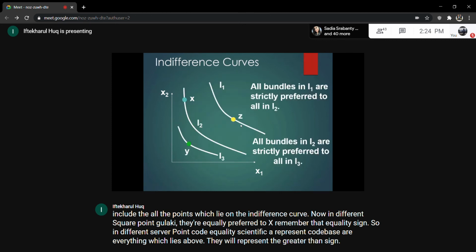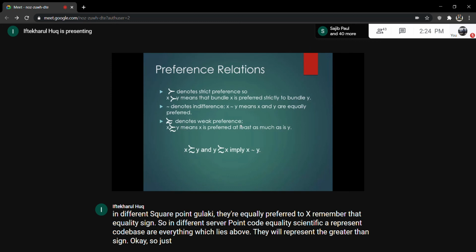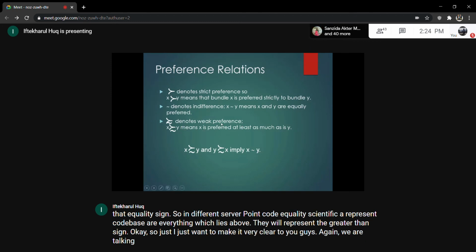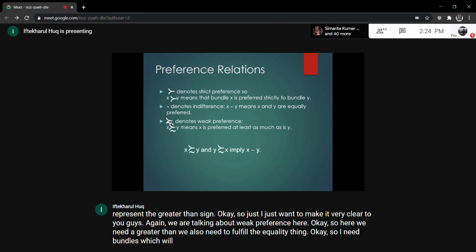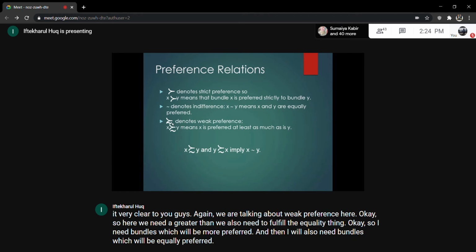Okay, so I just want to make it very clear to you guys. Again, we are talking about weak preference here. So here we need a greater than, we also need to fulfill the equality thing. I need bundles which will be more preferred, and then I will also need bundles which will be equally preferred. Only then can I say this is the area of weak preference.